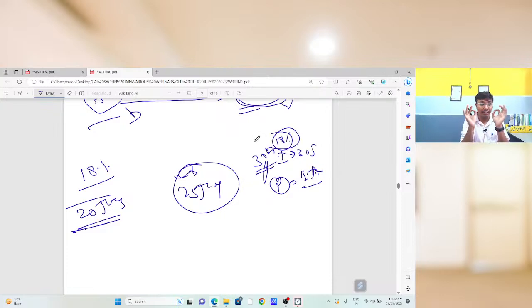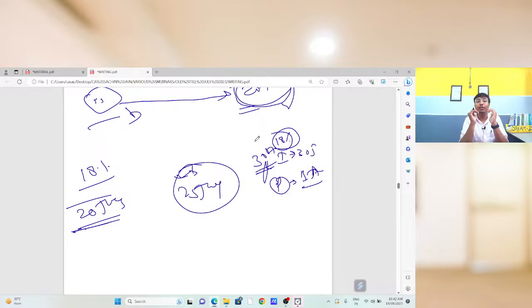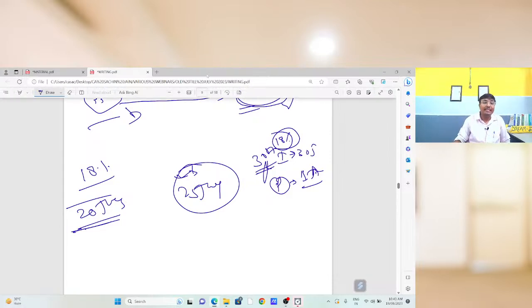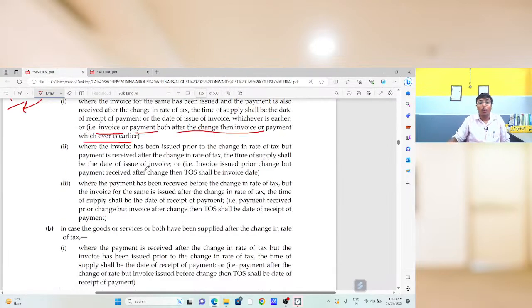Sir, please, you should give special care to these types of examples, because this is a very important point. Second scenario, when the invoice is issued prior to the change in rate of tax, but the payment is received after the change in rate, in that case, the invoice date will be the time of supply.